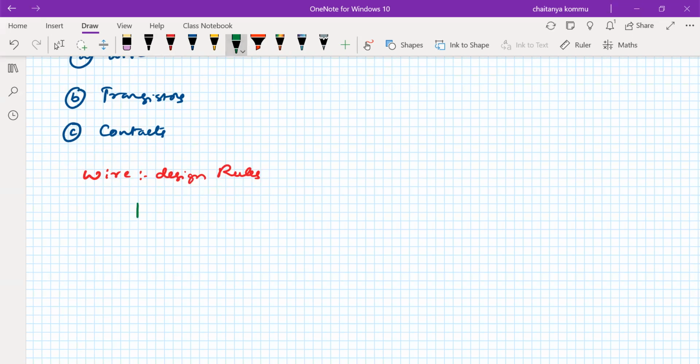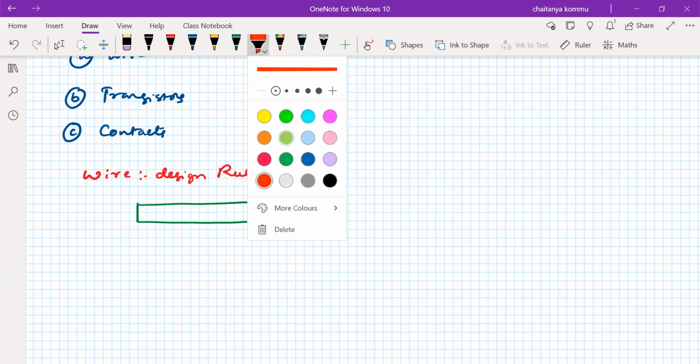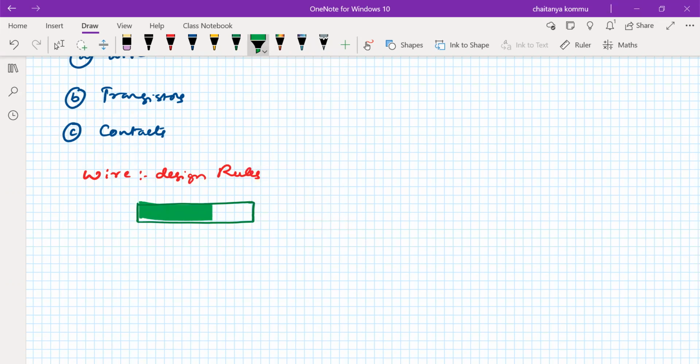For example, we have a diffusion here. The minimum width of the transistor should be, normally when you are using colors, you can use the green color and fill it with this green color.